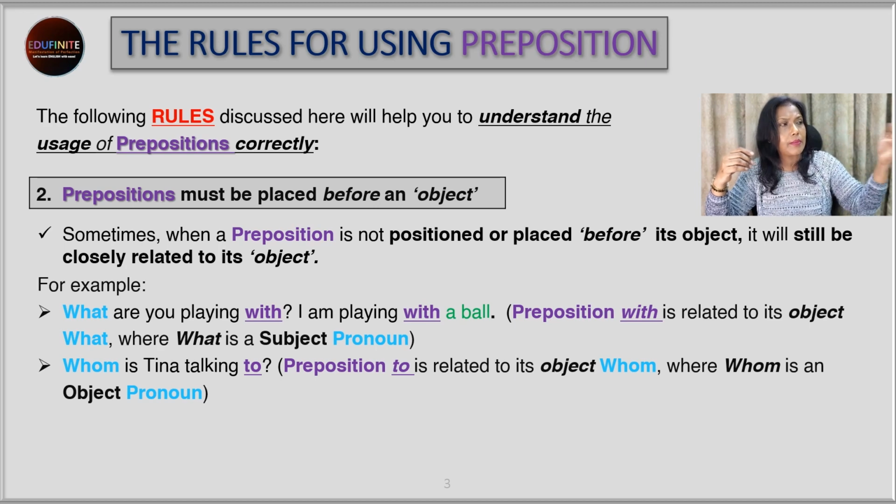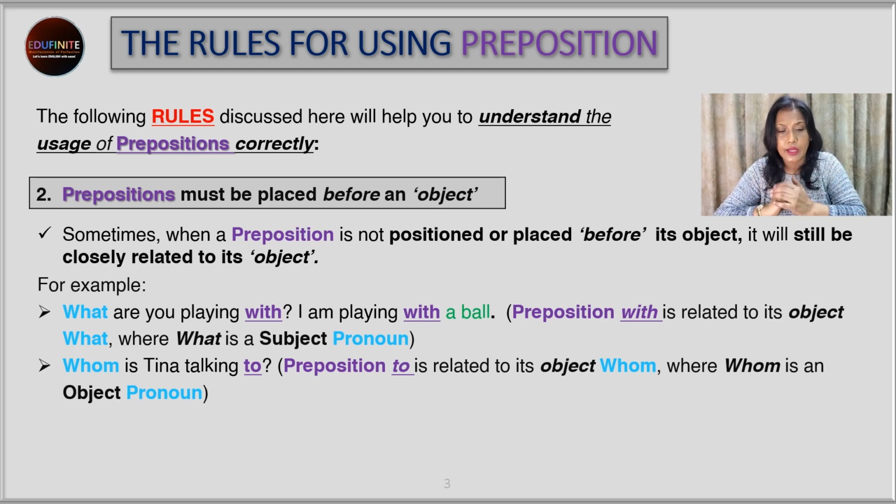So maybe there's another person in the room, I'm asking, whom is Tina talking to? So the person will answer, maybe Tina is talking to her friend. So again, to her friend. So to has its object, her friend. So over here, the answer to whom is her friend. So the preposition to has a close relationship with its object.